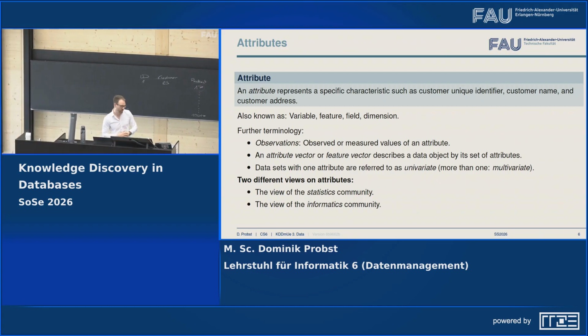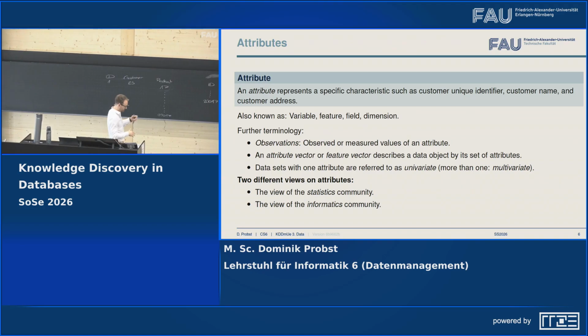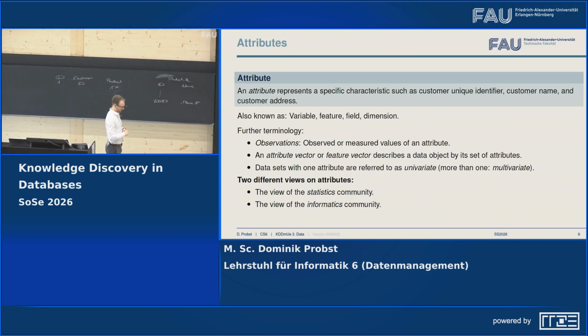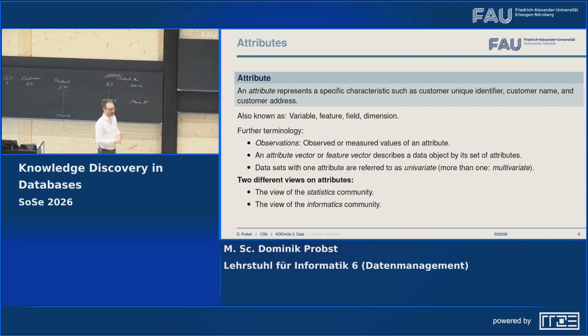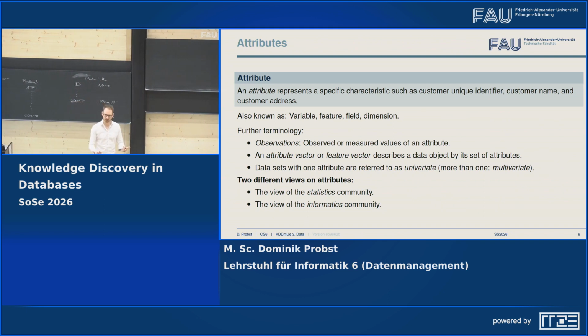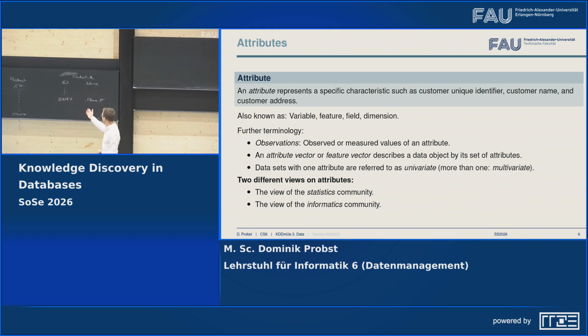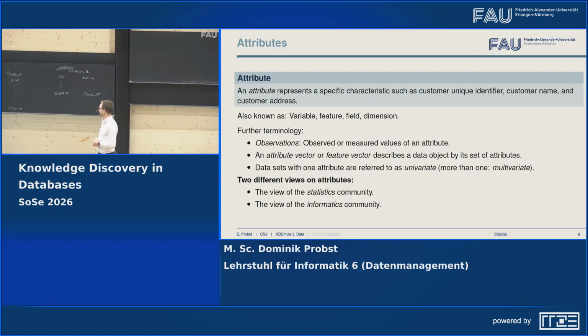For attributes, we have to talk about how these attributes can be described. For example, in this case, we have a lot of numbers in attributes. Those are specific things.